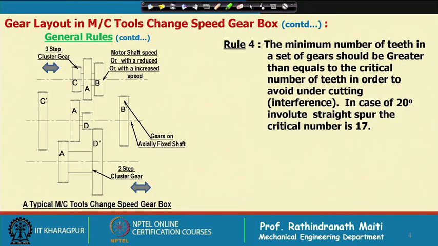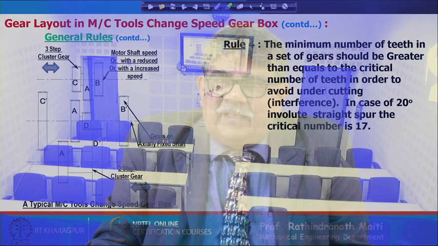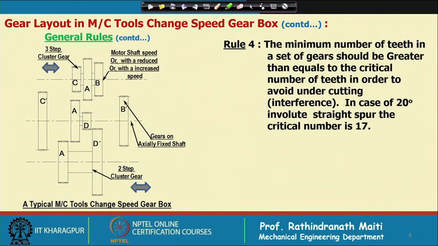In case of 20-degree involute spur gear, the critical number is 17, and for precision gears it is usually taken as 18. This means that by no means should the teeth number of the smallest size gear in such a gearbox be less than 18.